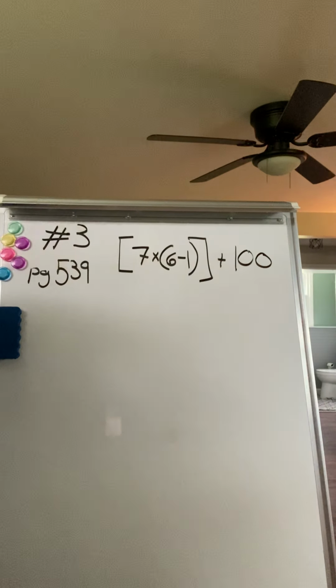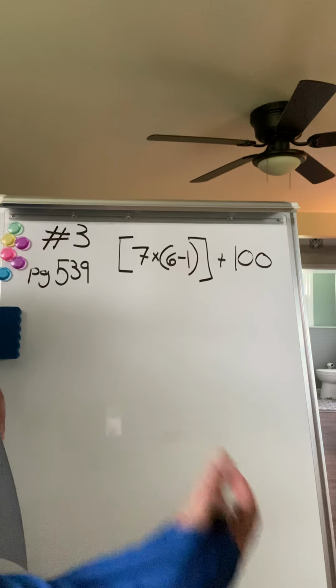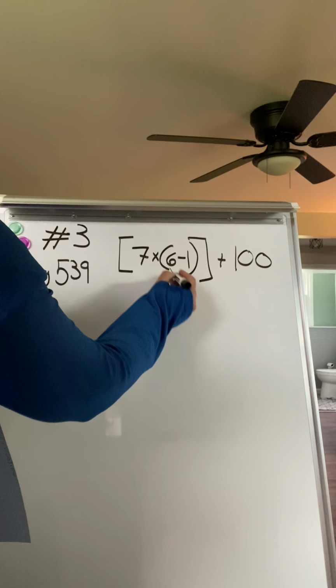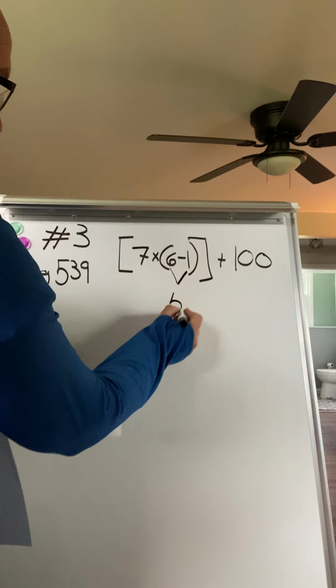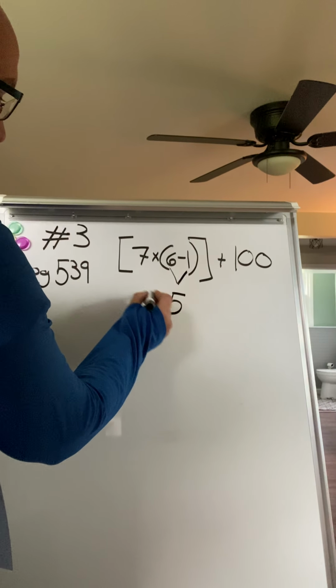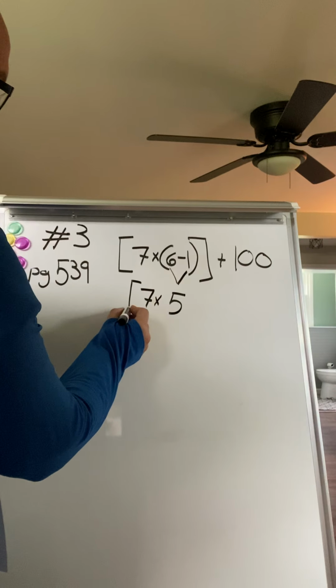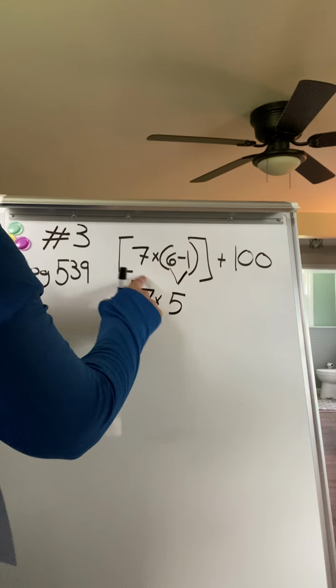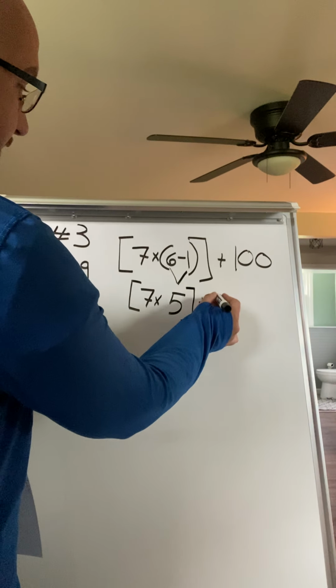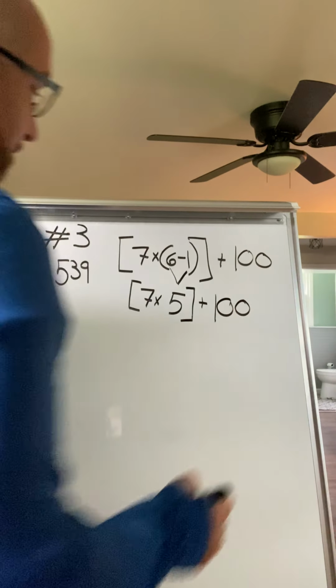So remember, we go back to step 1, and the first thing we have to do are parentheses. So in my parentheses, I have 6 minus 1. So 6 minus 1, I know equals 5. I like to bring everything else down. So I bring my times 7 in my brackets plus 100.